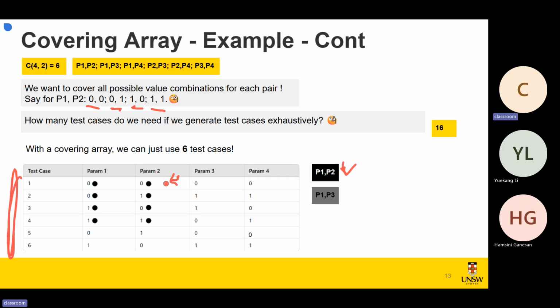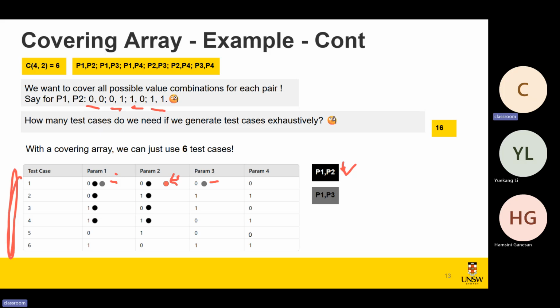And now let's consider the second pair, P1 and P3. So we can use test case 1 to cover the combination of 0, 0 for P1 and P3, right? So it's 0 here for P1, 0 here for P3. So we can use test case 1 to cover it.